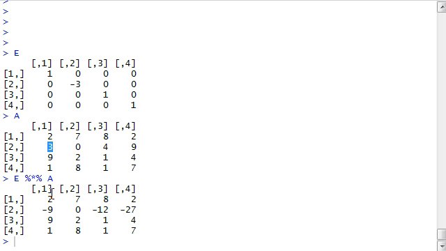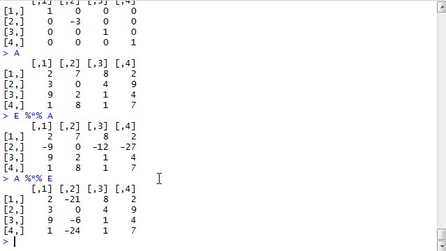So this 3 will go into -9, 0 to 0, 4 to -12, and 9 to -27. Post multiplying by a scale matrix will similarly multiply the entire column 2 by -3, as we see here.